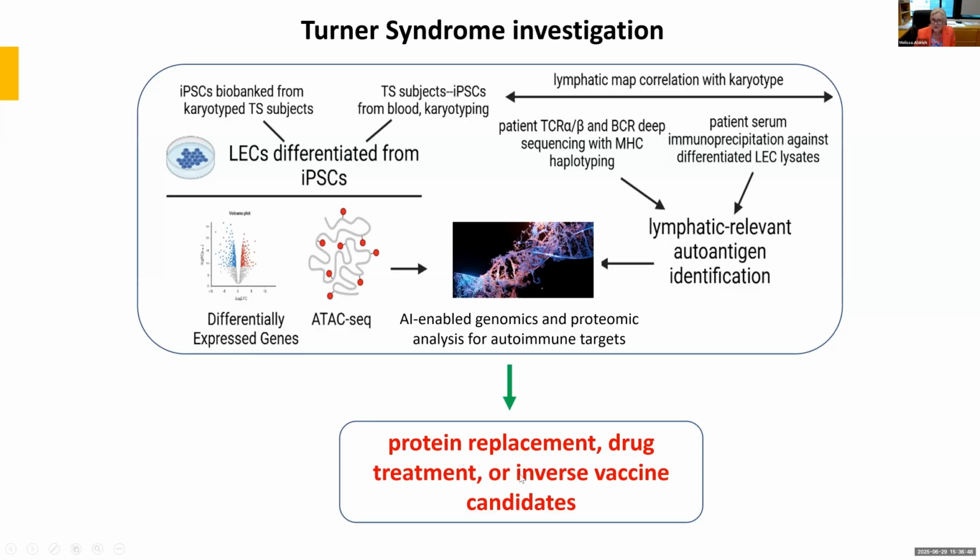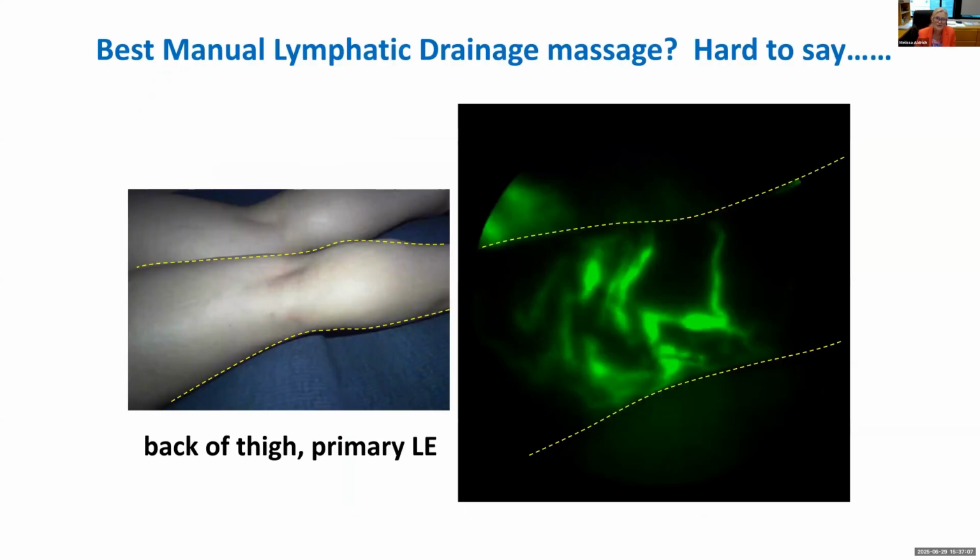We even have a group in the Northeast who can do an inverse vaccine. So if we find something is autoimmune, they have a way to very simply and almost naturally reverse that autoimmunity, and it could be a cure. So those are our pie in the sky hopes with this research.